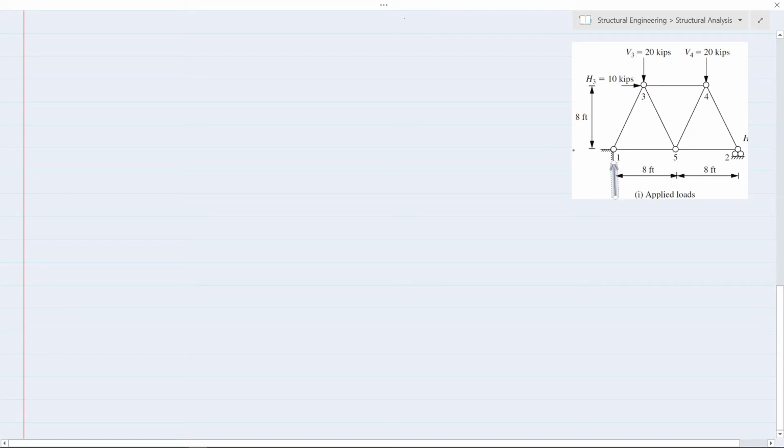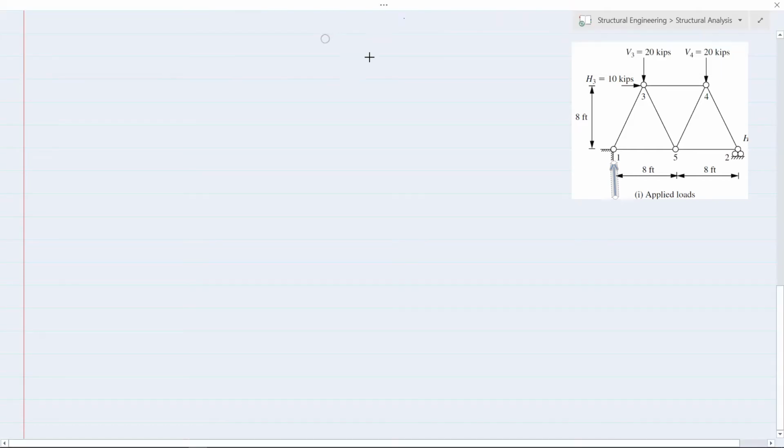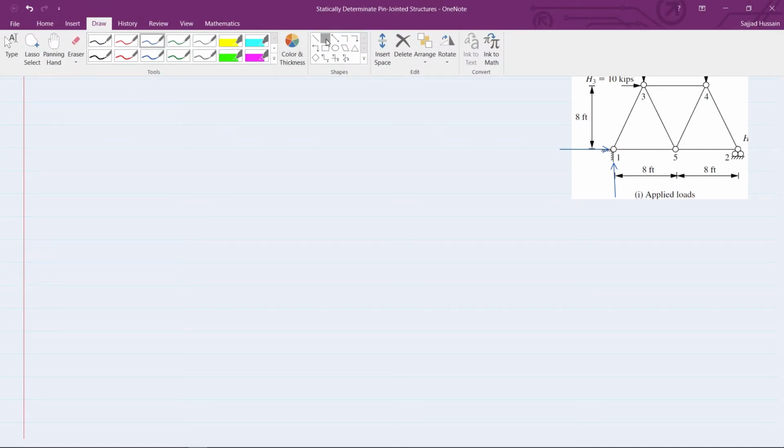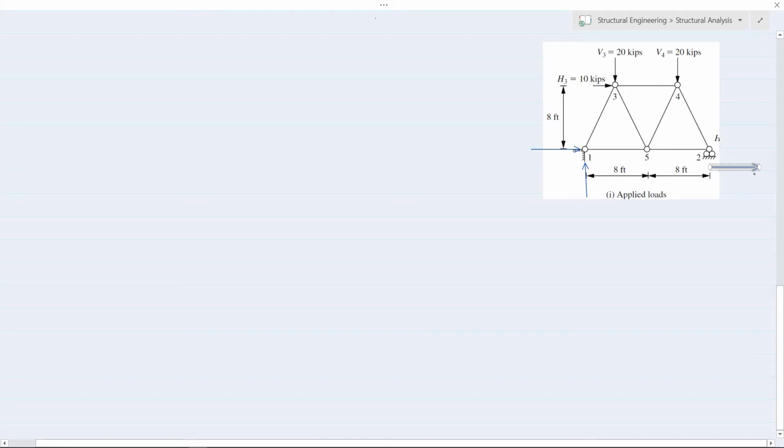Suppose one reaction is here and another one is here, and of course the third one is here.